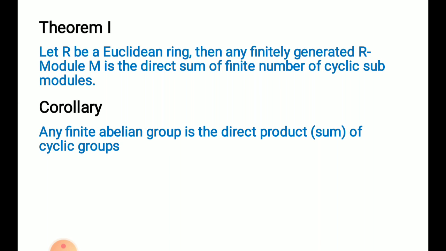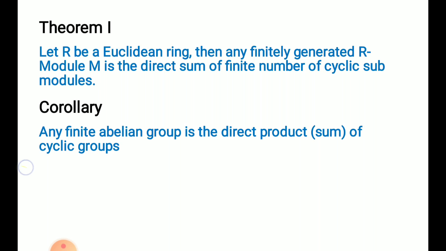This word cyclic is important for MCQ. And the next corollary on this: any finite abelian group is the direct product of cyclic groups. Listen again. Any finite abelian group is a direct product of dash dash groups. It is cyclic groups.